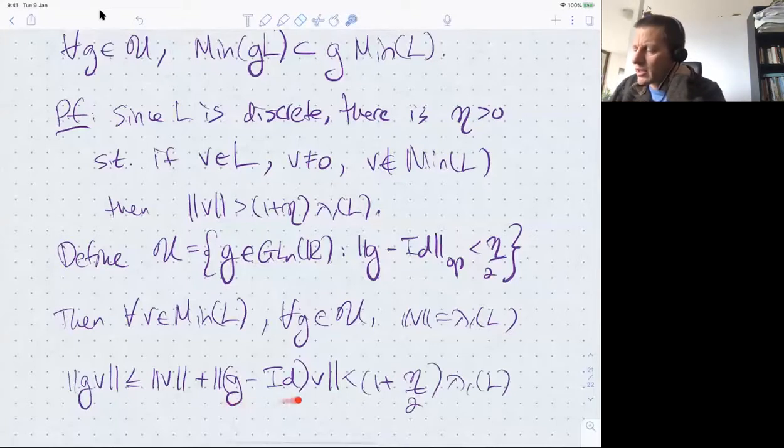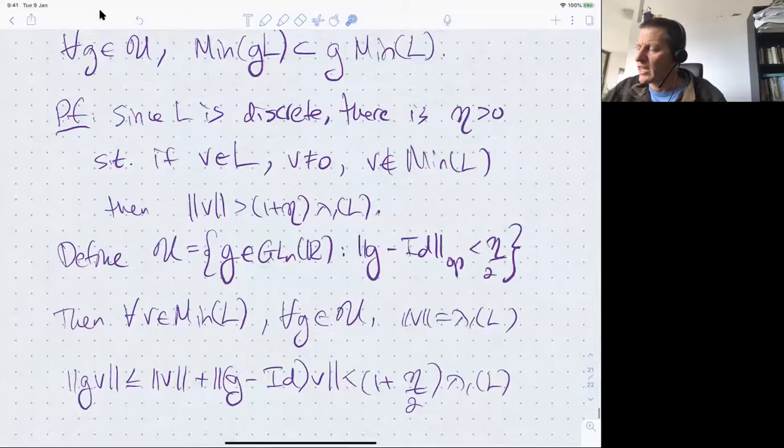This inequality is just the triangle inequality, because this says Gv minus v. This length is equal to lambda 1 of L. This length is less than eta over 2 times lambda 1 of L because of the restriction on the operator norm. And so the sum is smaller than 1 plus eta over 2.